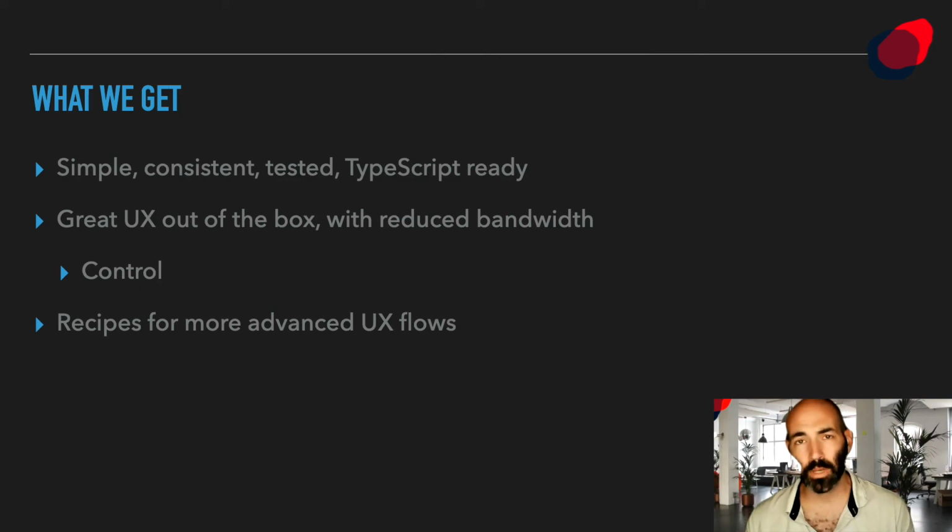It's got great UX out of the box with reduced bandwidth. And you have a lot of control of all of the parameters and all of this data fetching strategy per request. And you also get tools and recipes for more advanced UX flows like pagination, infinite scrolls, optimistic updates, server-side rendering, etc.